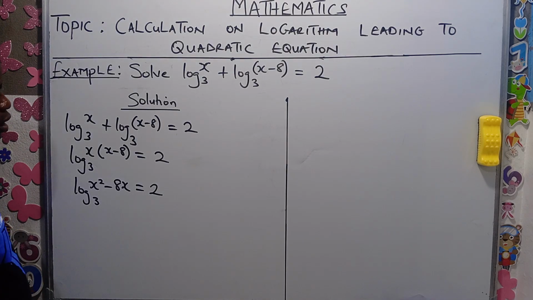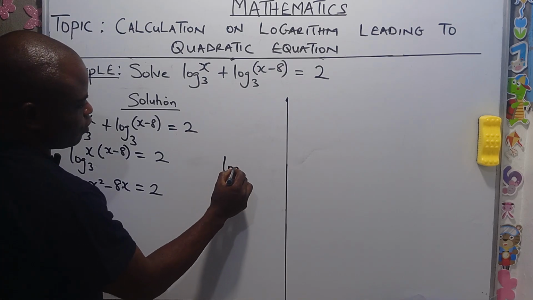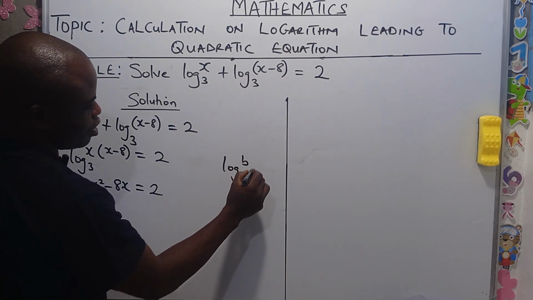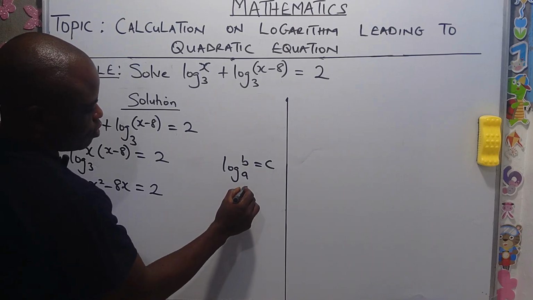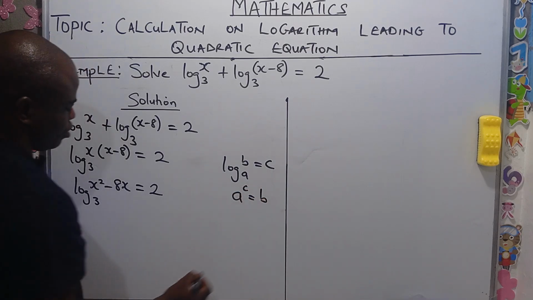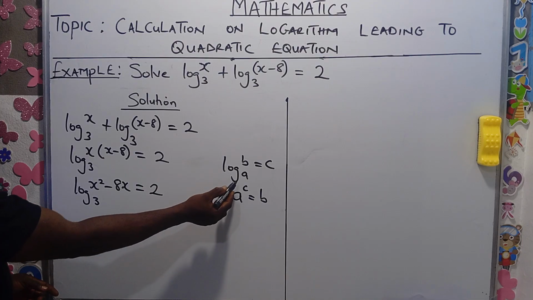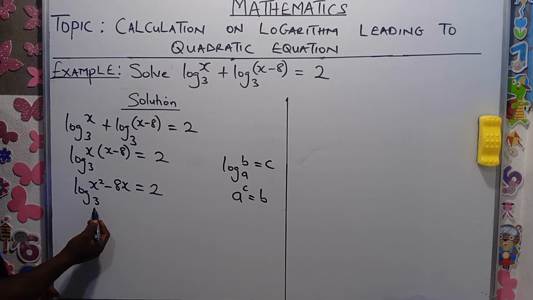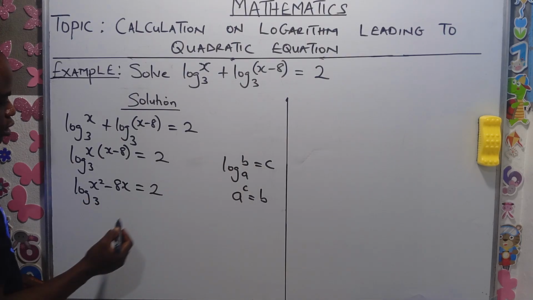Now I want to apply one law of indices that says when you have log b base a equals c, then a raised to power c equals b. I want to apply the same law. In this case, we have a as 3, and 2 stands as c.